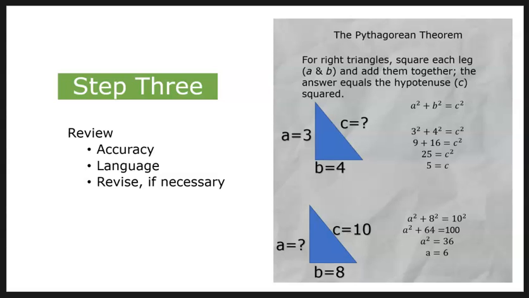To reword the definition for the Pythagorean theorem again, you might say, for right triangles, square each leg A and B and add them together. The answer equals the hypotenuse C squared. It might be a good idea to include another example when you only know the measurement of one leg and the hypotenuse to go along with the existing example of when you were given both leg measurements.